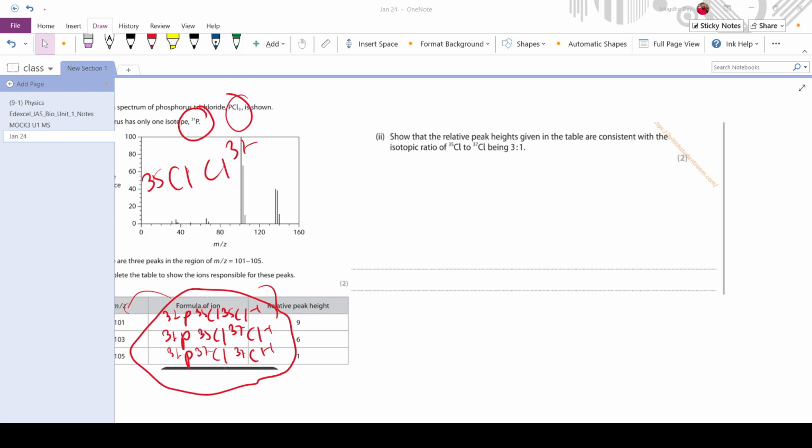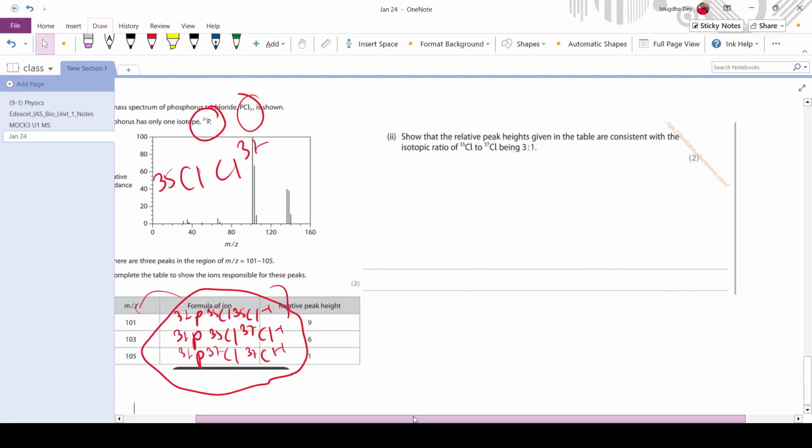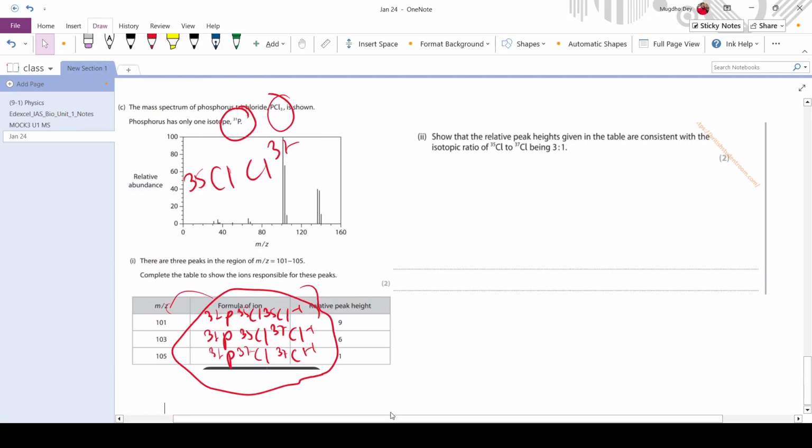So we just need to find the ratios of the three ions somehow. So for 101, what do we have here? We have 35 chlorine and 37. So we just need to see the abundance here.